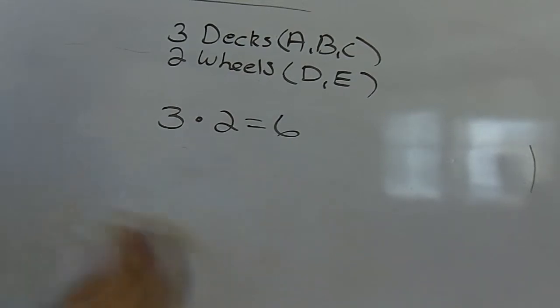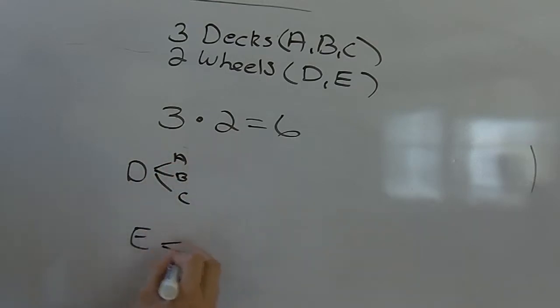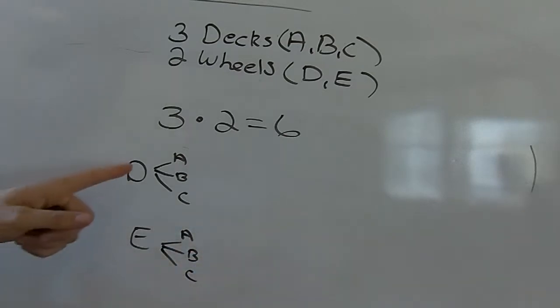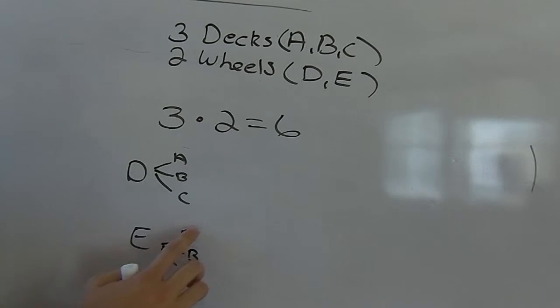So I can show you what it would look like if we started with the wheels. If we started with the wheels, you have choices of wheel D or wheel E. After that, each wheel has 3 options, A, B, and C. So we can get wheel D with choice A, wheel D with choice B, or wheel D with choice C. We can do wheel E with A, E with B, or E with C. So there's a total, again, of 6 outcomes.